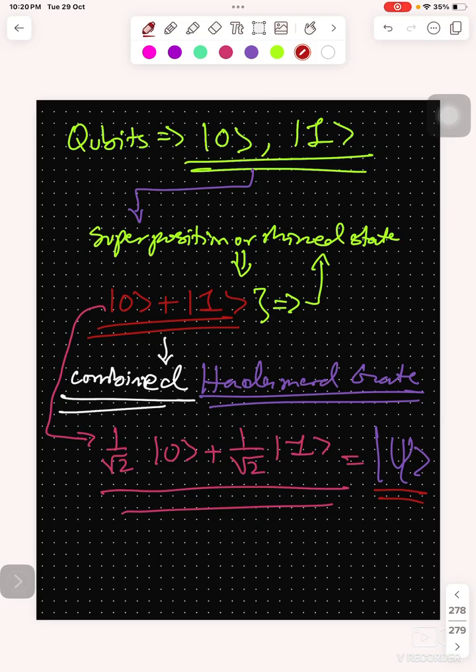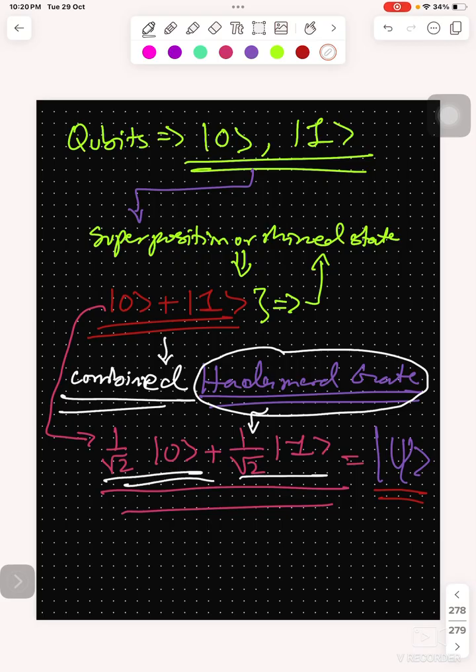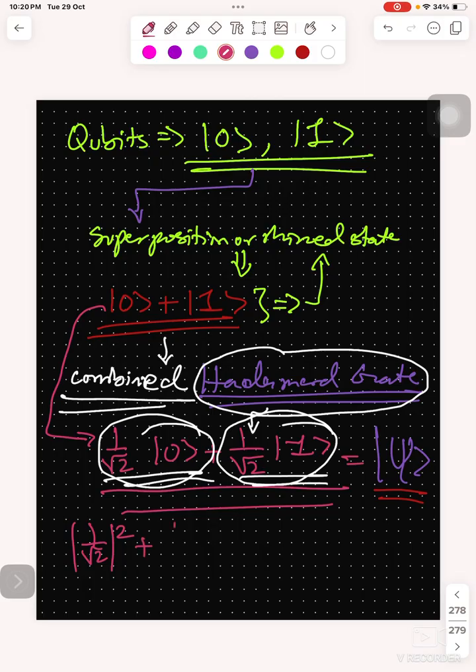So the Hadamard gate is a way through which we can make the state a mixed state. Mixed state means superposition. Right now it's both in 0 and 1, and when we take the square of both these, we get equal 1. If it equals 1, that means we are correct. These two states are in a mixed state in a way that their sum will equal 1.